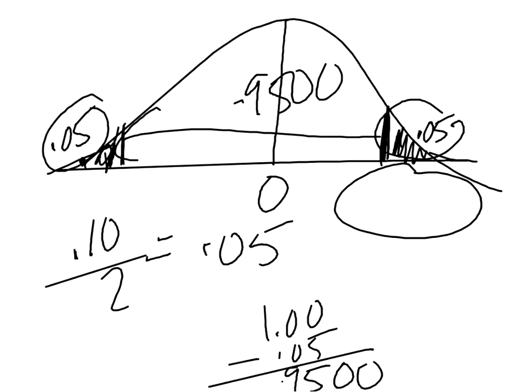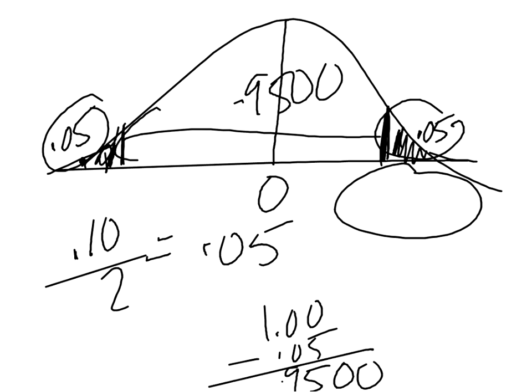It doesn't matter whether we count the other 0.05 again, it's already there. So what I'm going to do now is go into my tables and look at the values, and find the value of 0.9500, or the closest value to it.